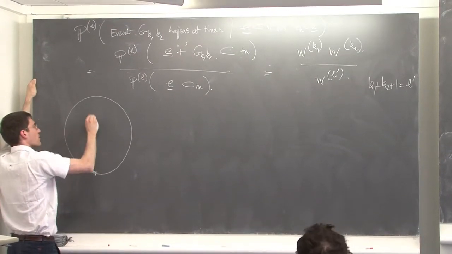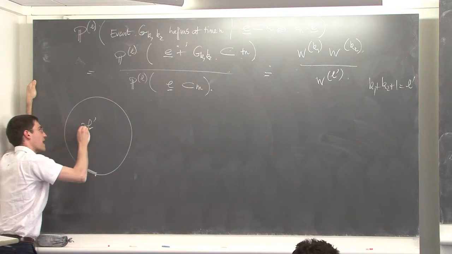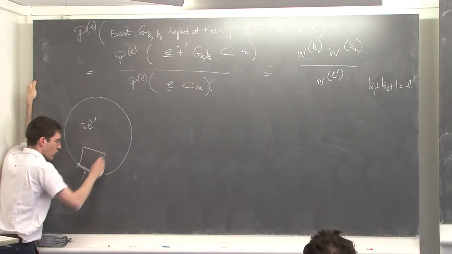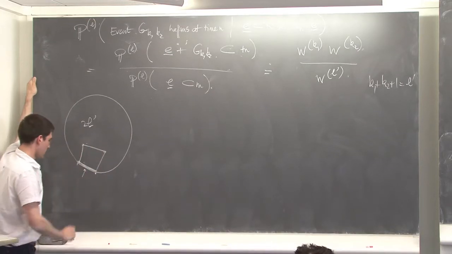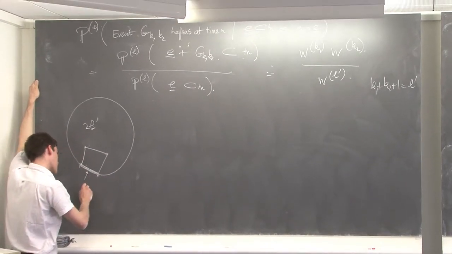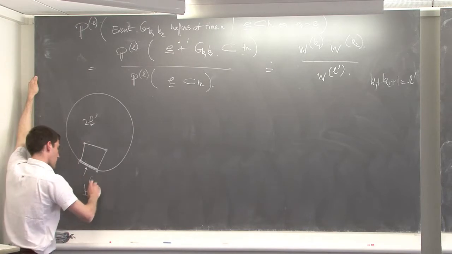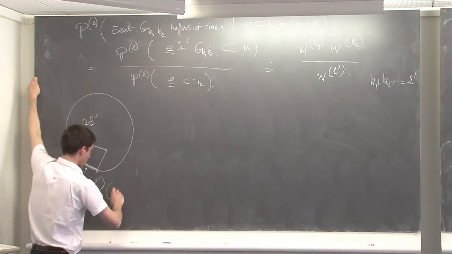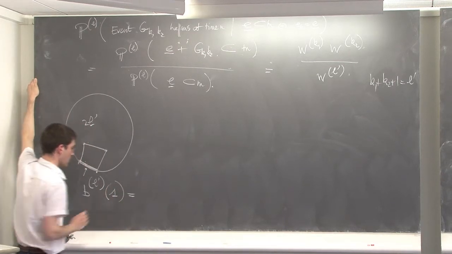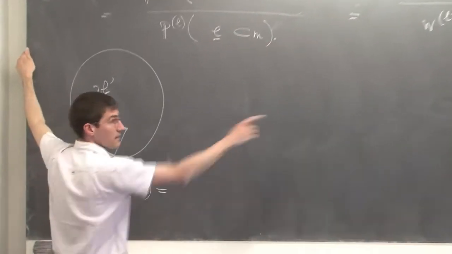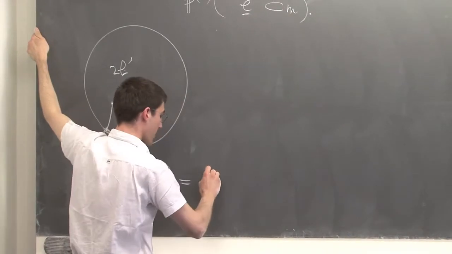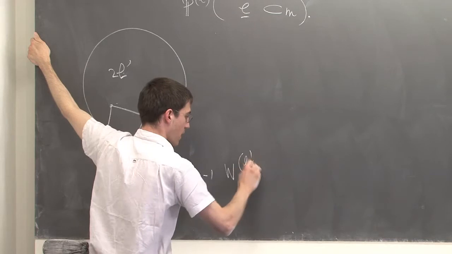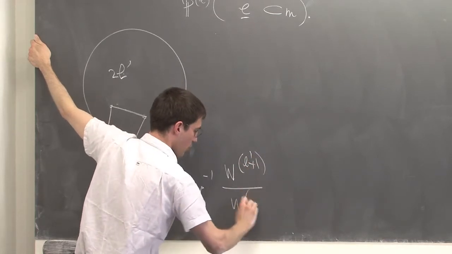If your hole has a perimeter 2L prime, the probability when you peel this edge to see a quadrangle like this, I will denote it by B, like Boltzmann, perimeter L prime, and I see 1. And this is what I've written there, rho to the -1, which is 1/12, times W L prime plus 1 divided by W L prime.